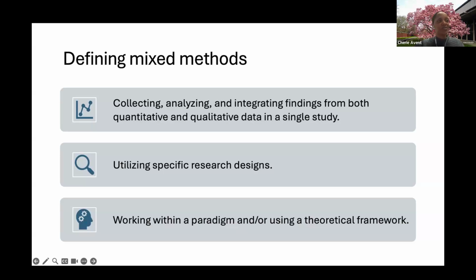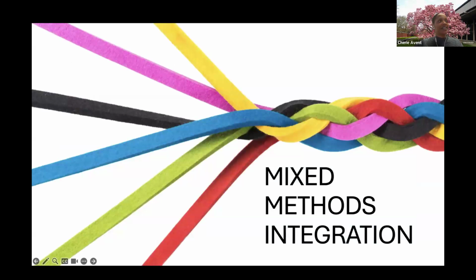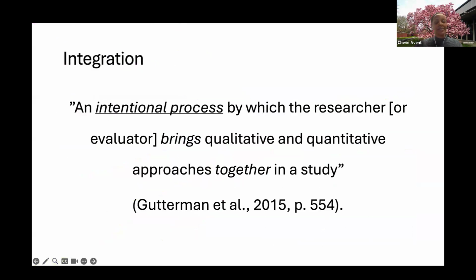All right, so I want to move us into talking about mixed methods integration. I use this image to help us begin thinking about what it means to combine these two pieces, our qualitative and quantitative, together. And so if we wanted to define integration, one way is to think about it as an intentional process where you, the researcher or evaluator, are bringing together your qualitative and your quantitative components in the study.